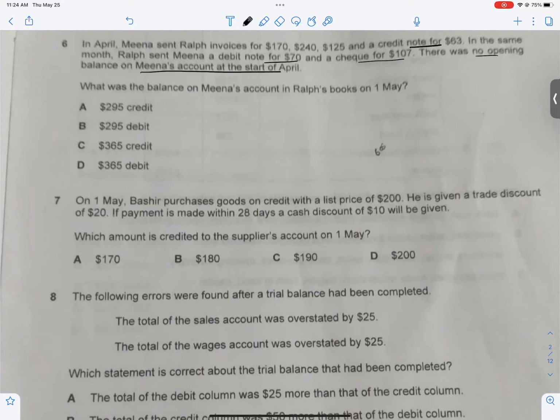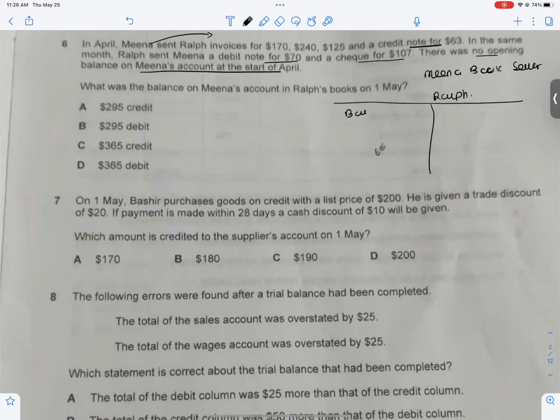So Meena is sending the invoice. That means Meena is selling. Meena is the seller and her customer is Ralph.